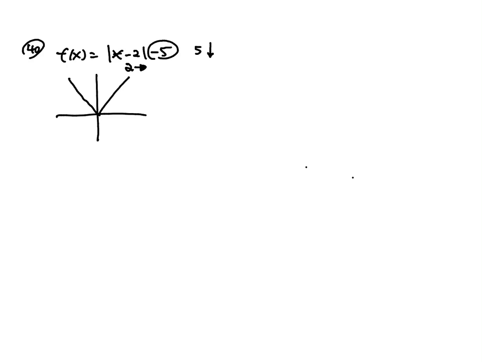So 2 to the right and 5 down. Again, drawing not to scale, so please don't kill me for it. Okay, so the vertex here is (2, negative 5), instead of (0, 0).